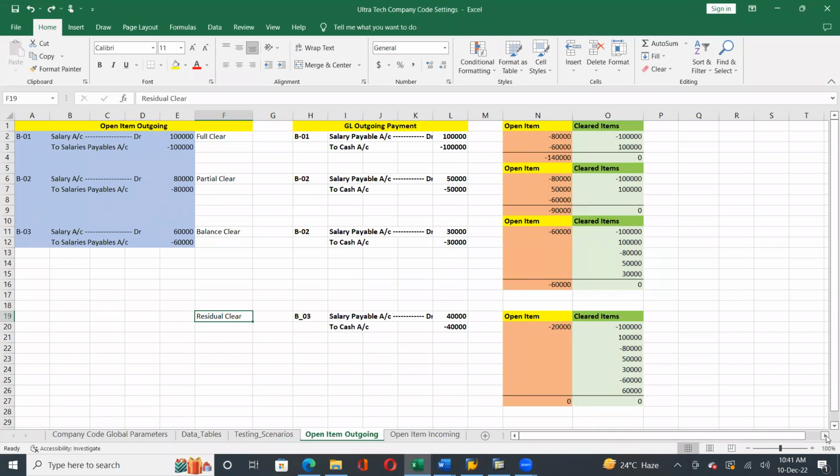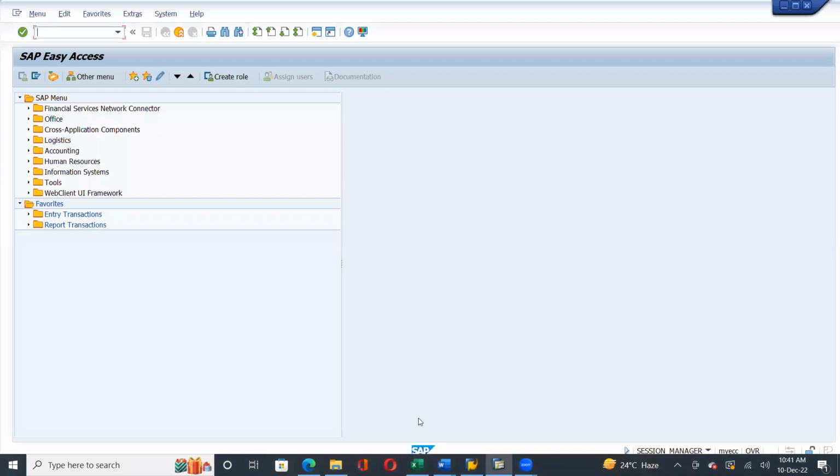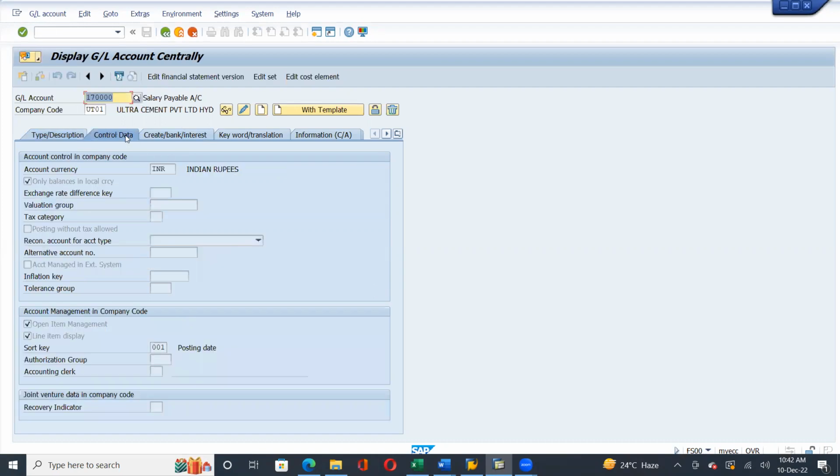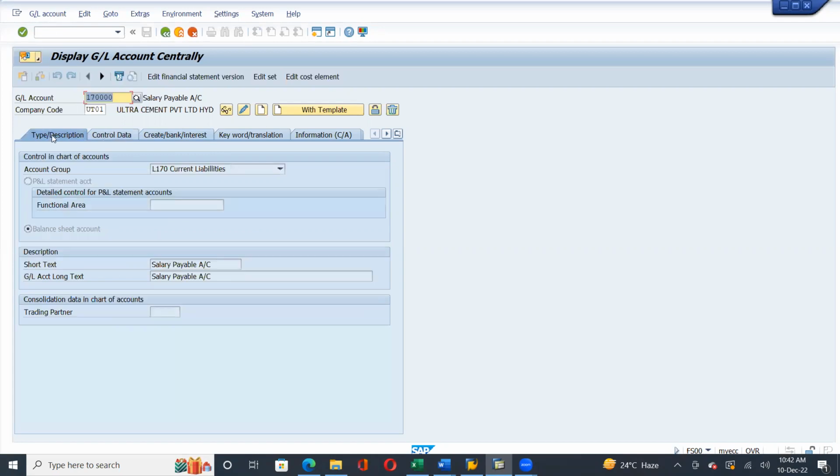We have also created one GL account, the salaries payable account, in FS00. Let me check whether we created it. In FS00 you can see the last account we created: the salaries payable account, which is nothing but an outstanding amount, and we selected open item management here.